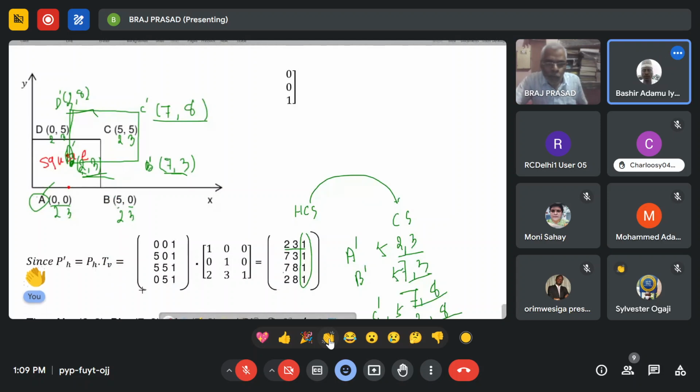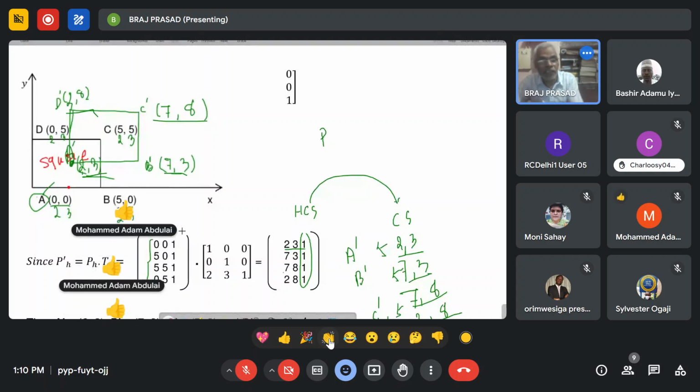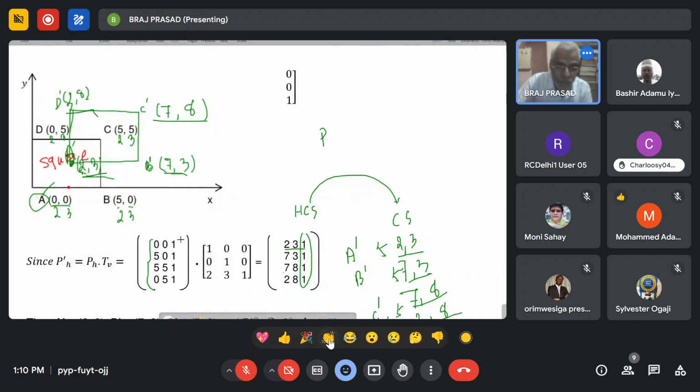So by using this formula we can calculate multiple points in a second, by using mathematical tools like Python, C, or any other language. This is the beauty, the benefit of the homogeneous coordinate system. This calculation makes it very simple to calculate the coordinates of the new object if the number of points is large.